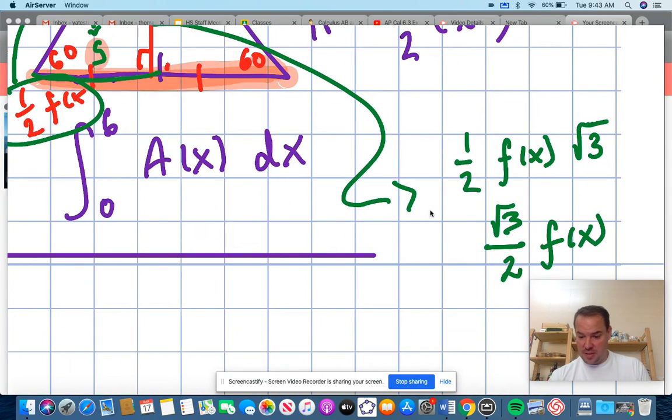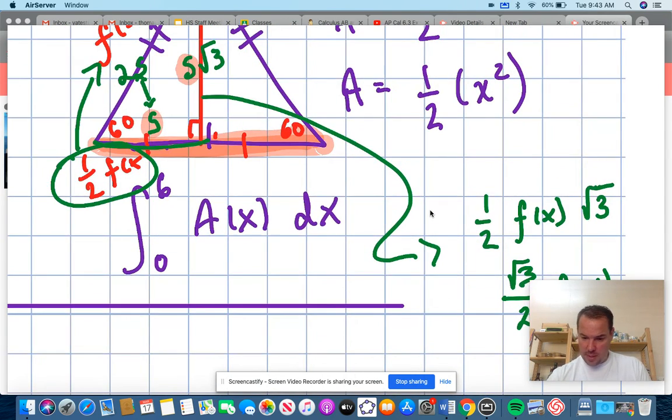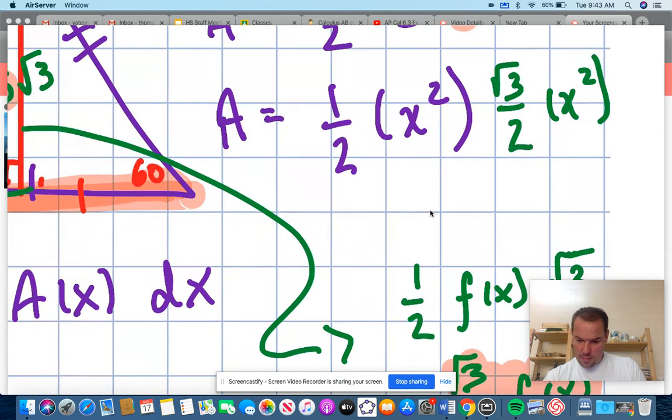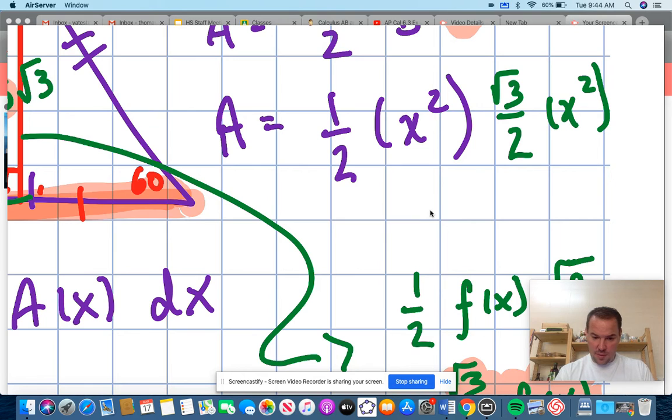Oh, f of x is x squared. Oh, okay, sweet. So what does that mean? That my height is this thing. And I'm going to just put it all in terms of x. So I've got root 3 over 2 of x squared.